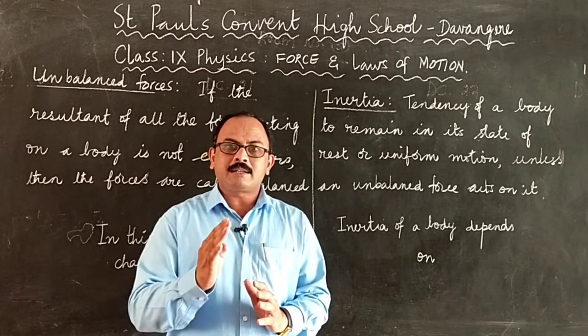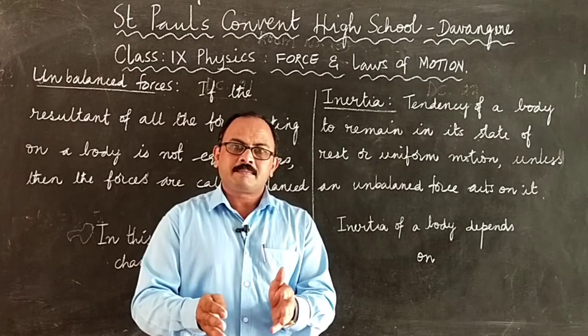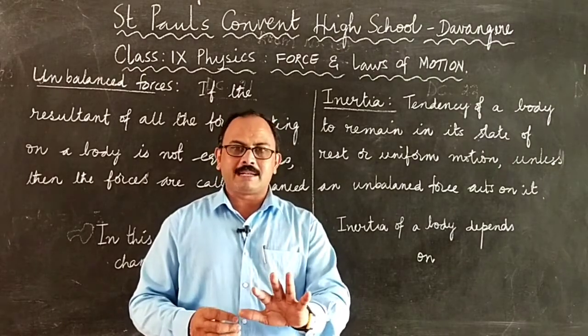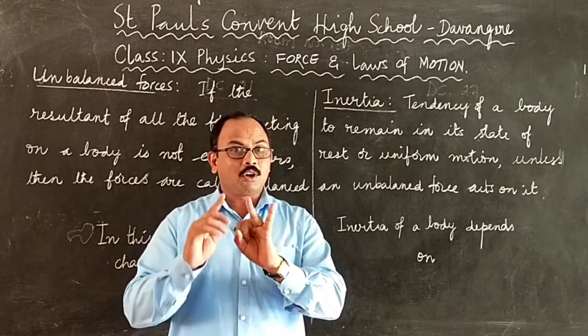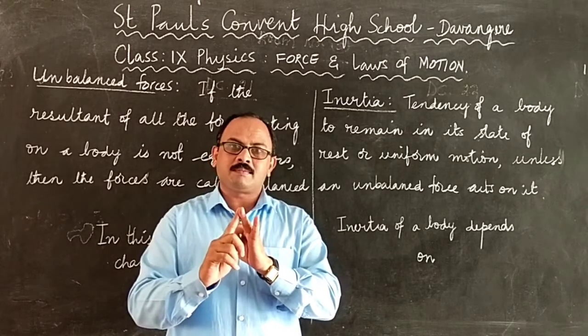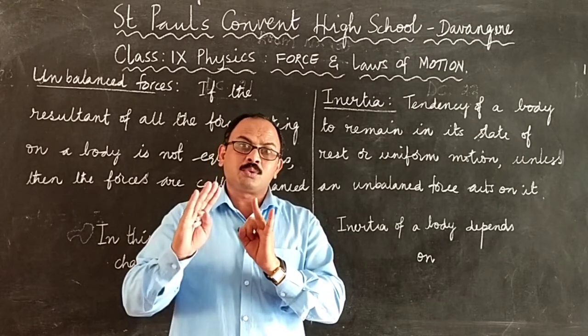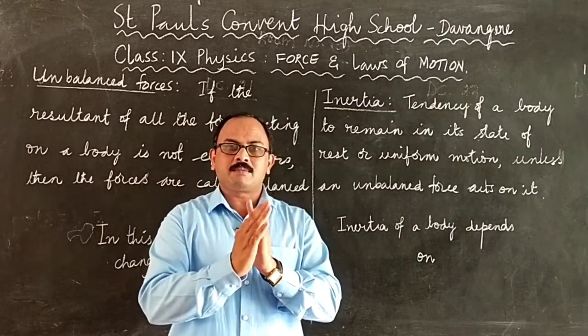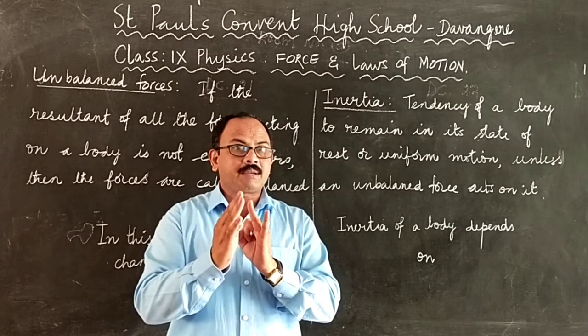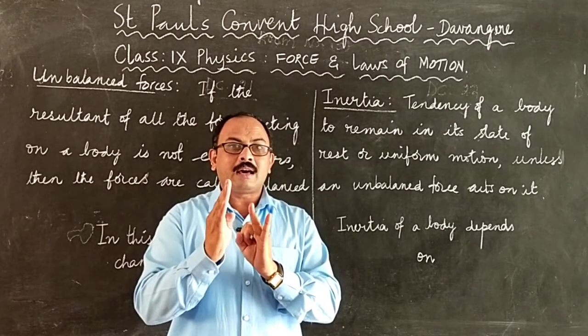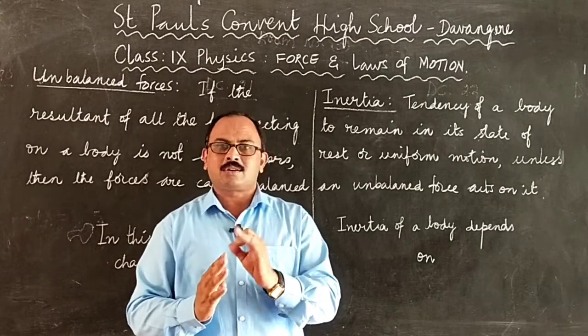Therefore, if an object is at rest, it will continue to remain at rest. If the object is in uniform motion, it will continue in its uniform motion until which time? Until an unbalanced force acts on it.